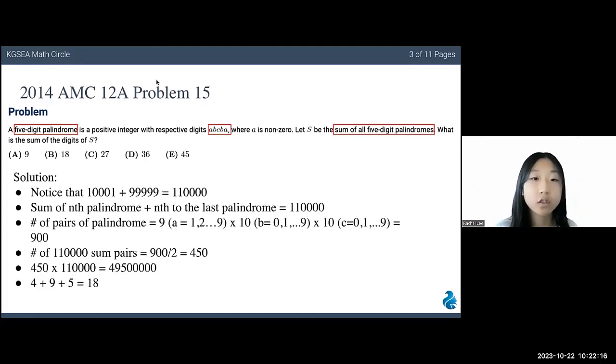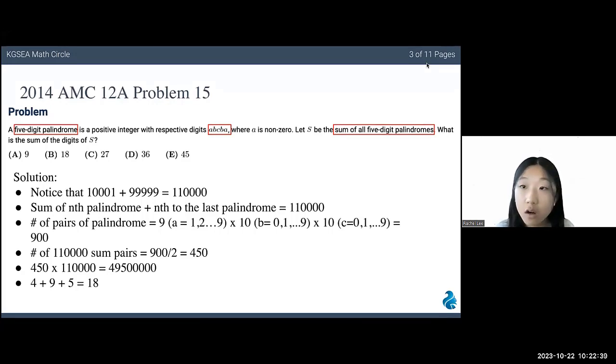We first have to notice that 10,001 plus 99,999 equals 110,000. After noticing that, we can say that the sum of the nth palindrome and the nth-to-last palindrome always equals 110,000.